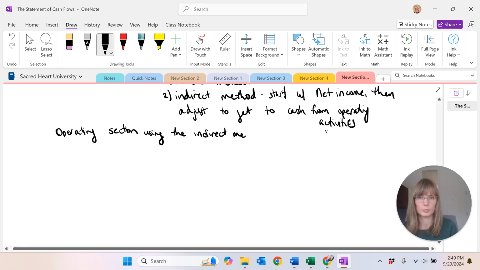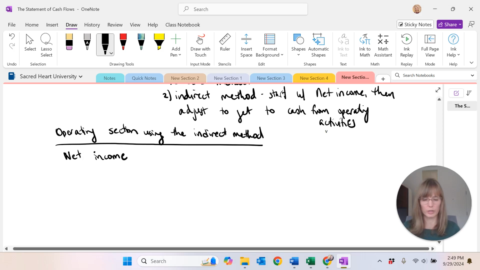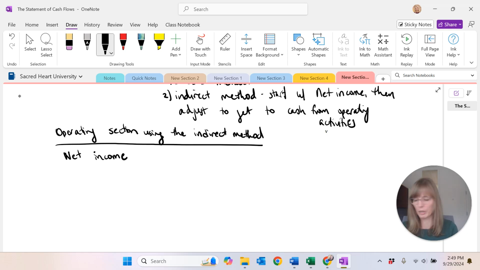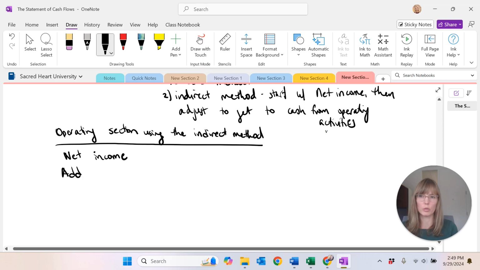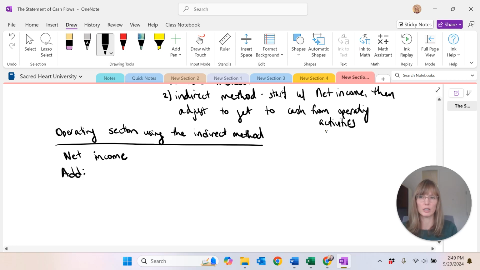Obviously, if we're producing a statement of cash flows, we work for the company, so we have the net income not simply from the income statement, but from the trial balance. And then we are going to adjust for items that did not affect the cash from operating activities, but did affect net income. So we're going to add depreciation and amortization expense.